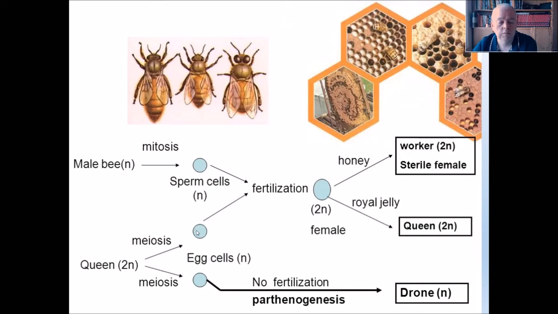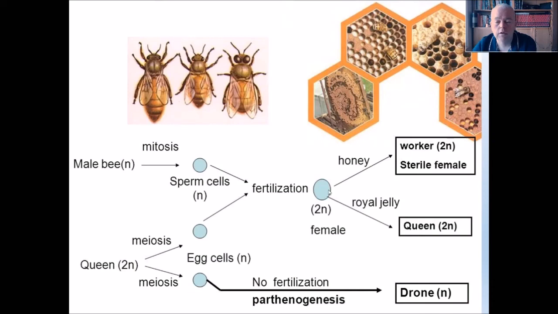So the sperm cell can fertilize an egg cell, and after fertilization we're back with a diploid organism, a diploid female. If the diploid female just eats honey, that diploid female would develop into a worker bee, still 2N, and that worker bee would be sterile.